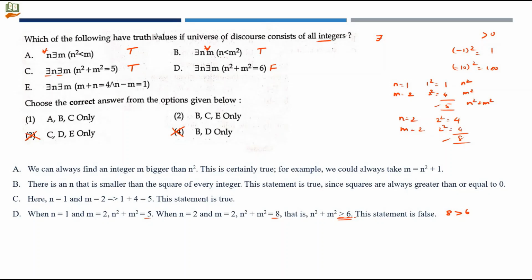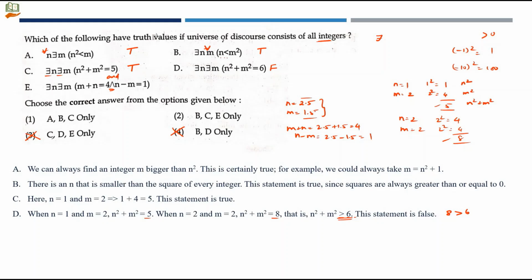Let's check expression E. There is an n value and an m value such that m plus n is equal to 4 and n minus m is equal to 1. If you take n equal to 2.5 and m equal to 1.5, m plus n is 2.5 plus 1.5, which is 4. n minus m is 2.5 minus 1.5, which is 1.